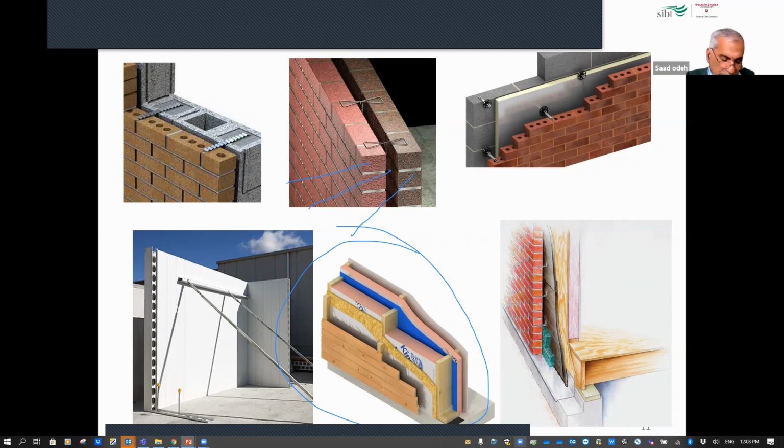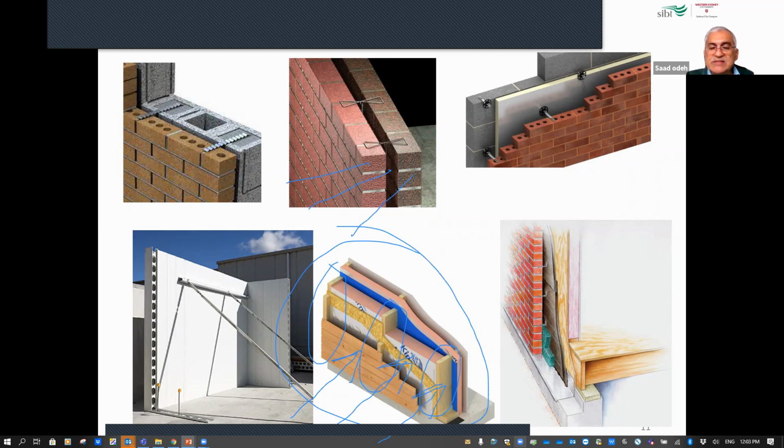We have, for example, the first layer is timber, but then after that, in that part of the wall, as you can see, these studs are timber studs. The heat transfer will pass through these studs and also pass through the other part, through the insulation.